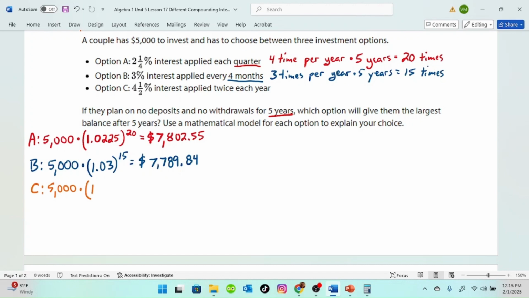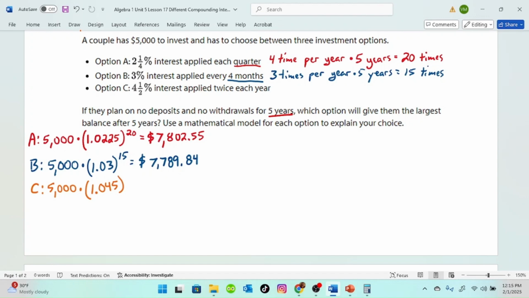This time, we're getting the largest interest rate of any of them, 4.5%. So the 1 maintains the current amount, and 0.045 represents 4.5%.